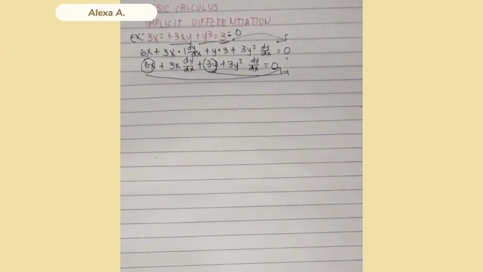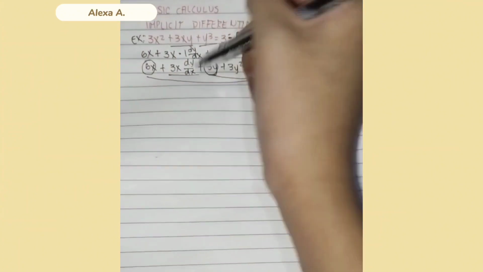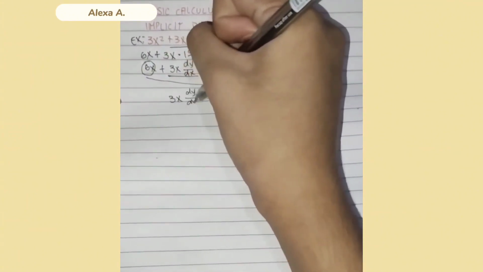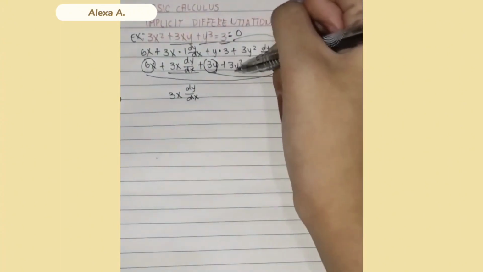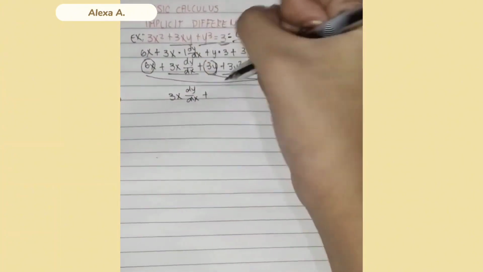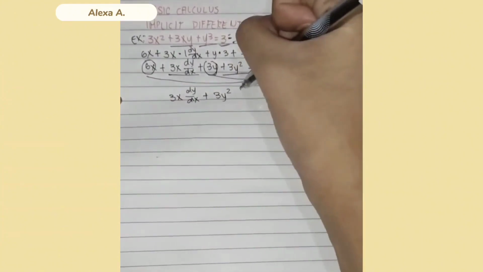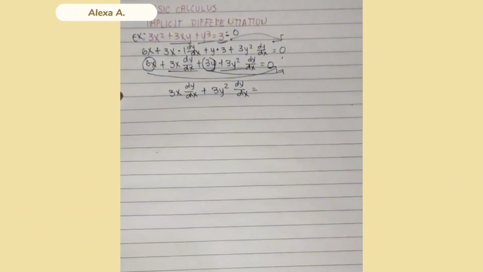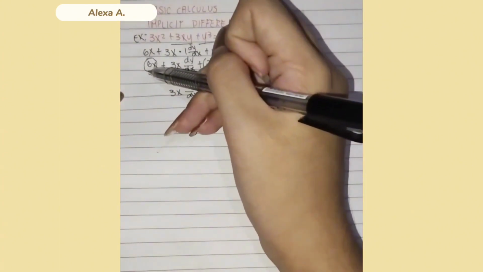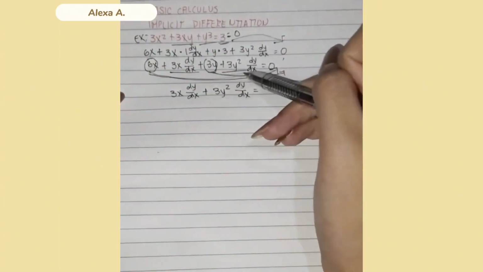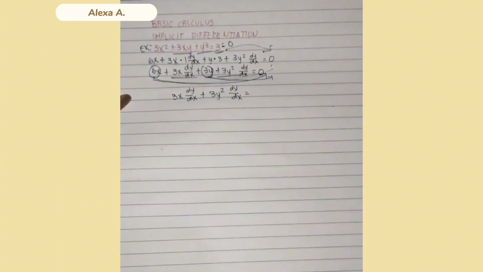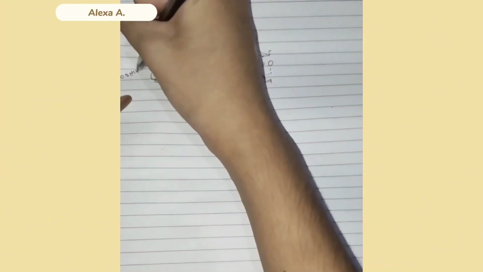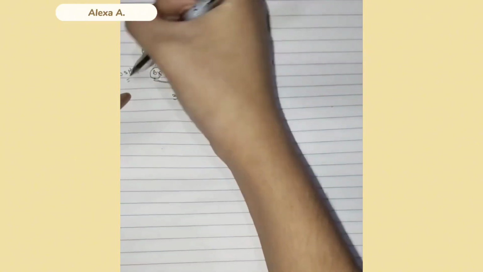So the next step will be, let's start with this one, which is 3x dy over dx plus this one 3y squared dy over dx and equal. So earlier we moved these two over here, so from their original sign, which is positive, it will become negative.